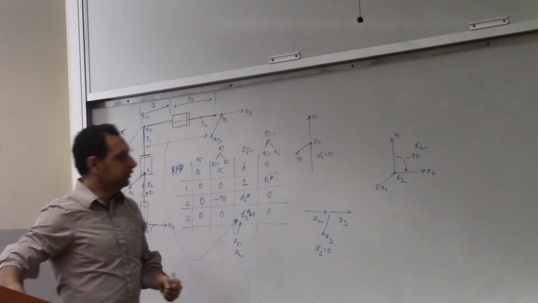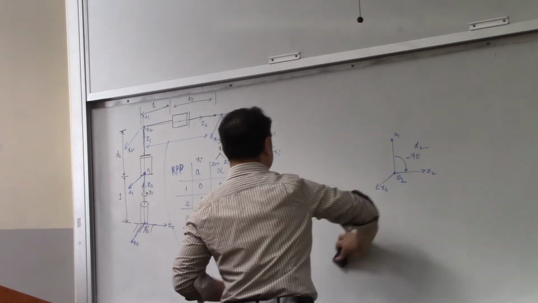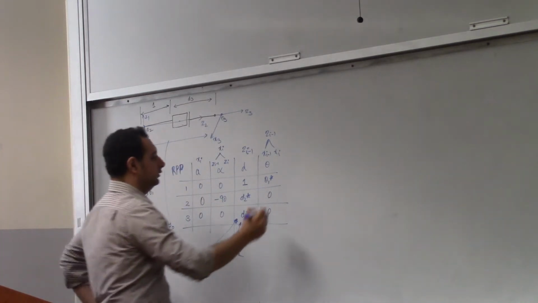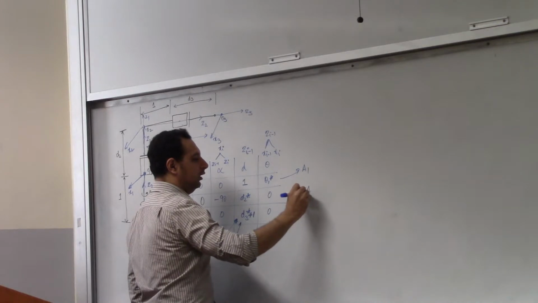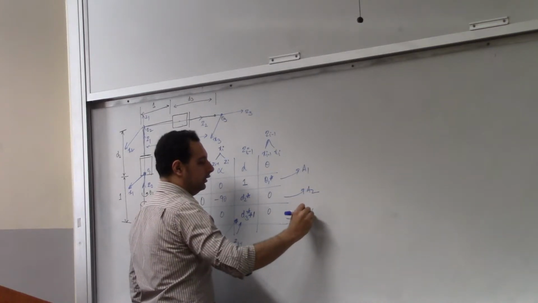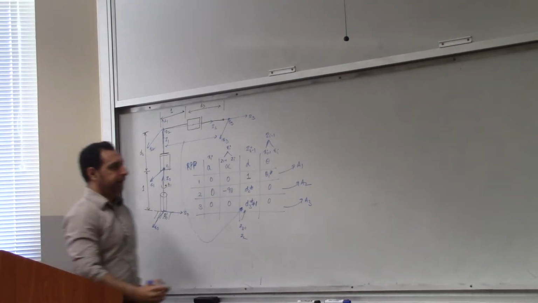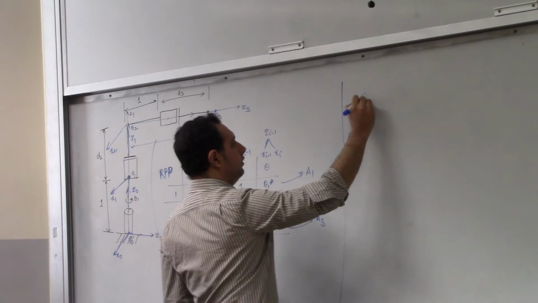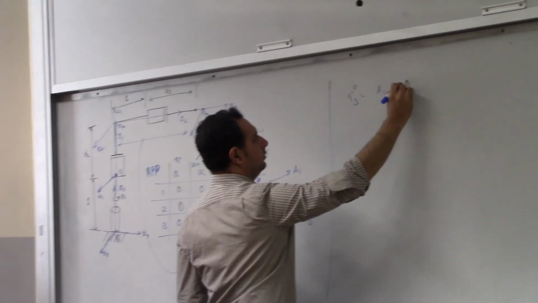So now from here you will generate 3 matrices, A1, A2, A3. So T03 will be equal to A1 times A2 times A3.